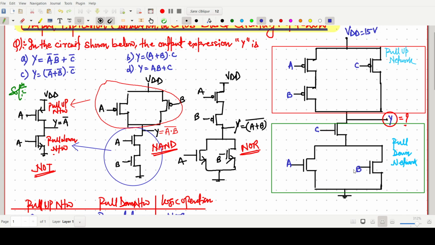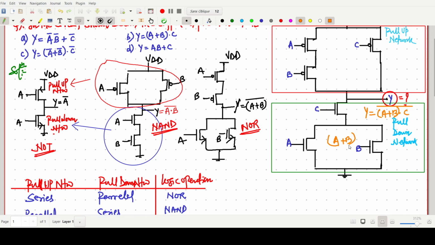Here these two are in parallel combination, so it will give A plus B, and this one is C. This A plus B is in series with C, so Y will be simply (A plus B) into C, whole bar. This is the output.